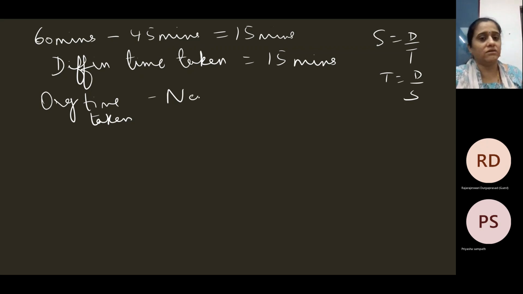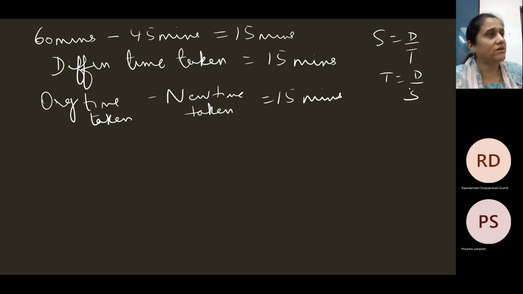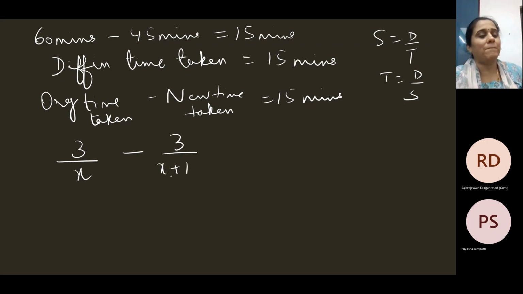What's time? Distance by speed. What's the distance? 3 kilometers, by the speed x. Minus the new time taken: 3 by x plus 1, because the speed is x, but it increases by 1. So x plus 1 is the new speed.